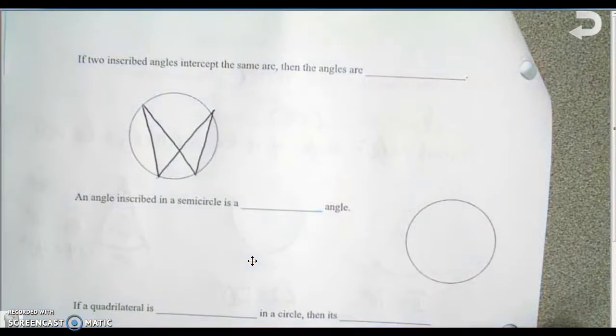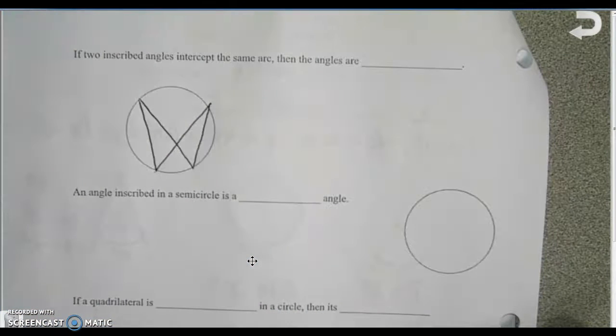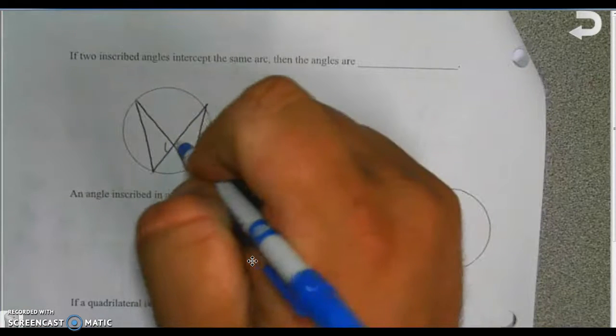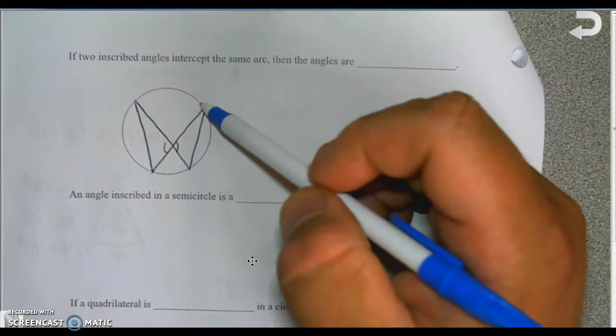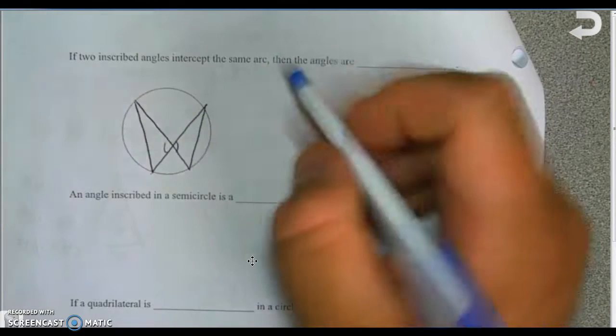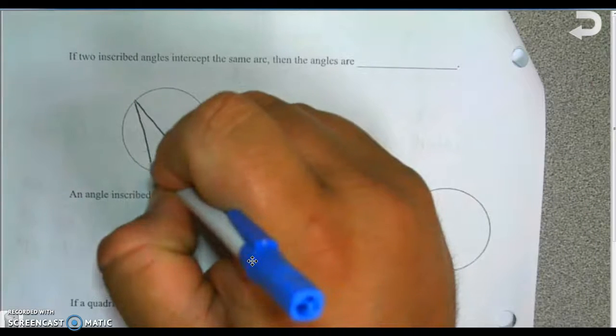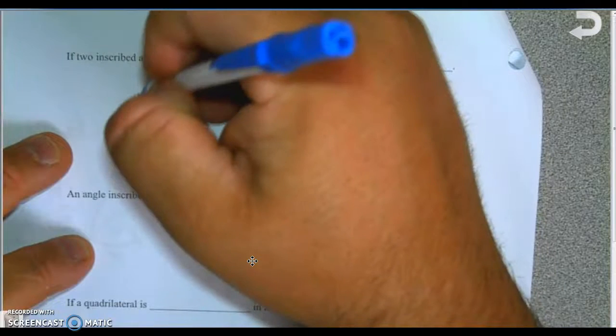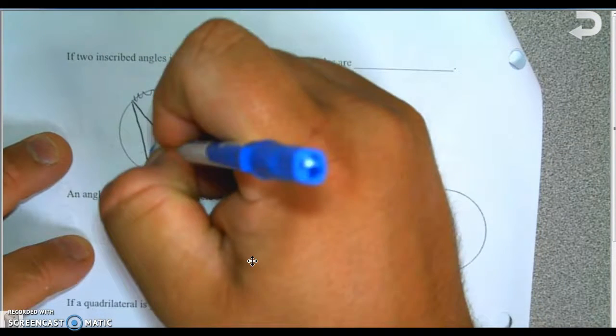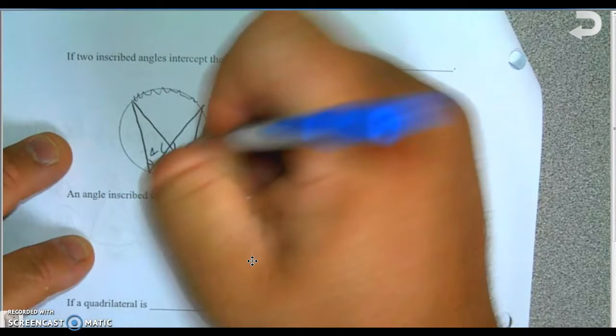You guys have seen this picture before. Because these angles are vertical, and if these two triangles are congruent, which they are, it also means these two angles are congruent. Now, as far as a circle goes, the reason why this happens is because if I were to name these angle 1 and angle 2, well, angle 1 intercepts this arc that I've shaded there.